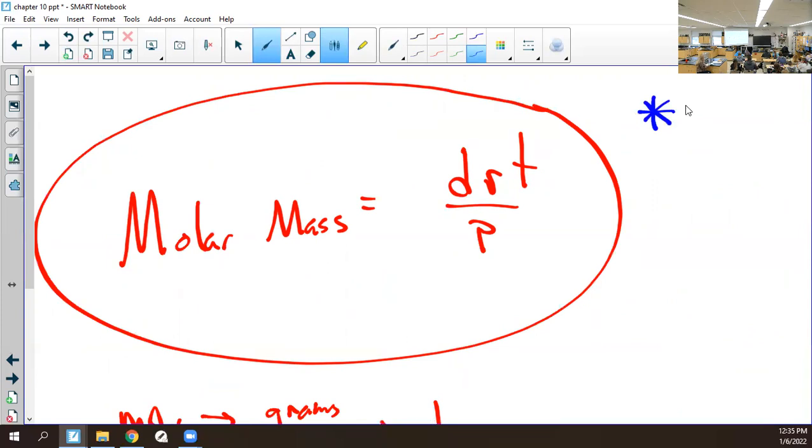We're rarely asked for the density of something because we'll have the volume already and we can find the grams already in the problem typically. So what it will ask us to do is identify what gas we're talking about, and we can identify that based on its molar mass. So this is the one that you really need to remember, not the other version: molar mass equals dRT over P.